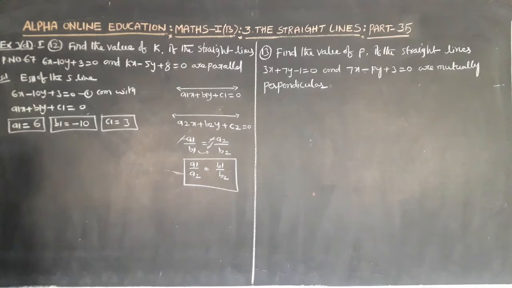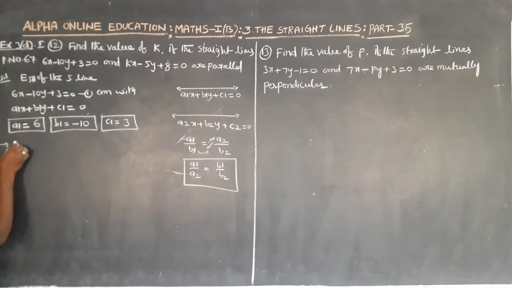Here a1, the x coefficient, is equal to 6, b1 is equal to minus 10, c1 is equal to 3.